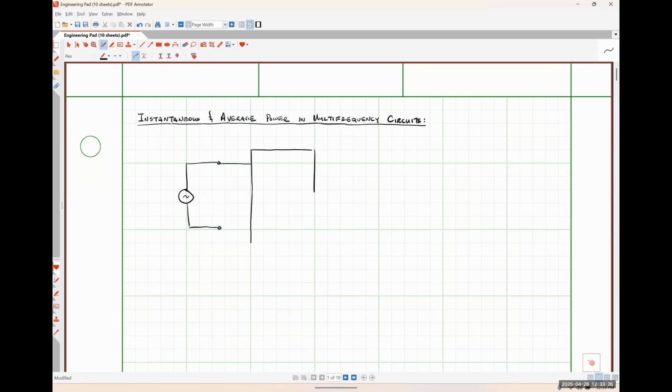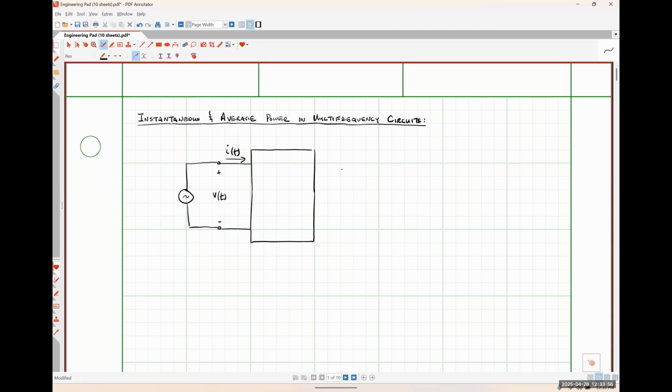Here we have our simple linear black box network. The voltage drop across our network will be designated as v of t, and the current flowing into our network will be designated as i of t. And notice that the current is flowing into the positive polarity terminal like we had last Friday, such that we're calculating the absorbed power. Okay.